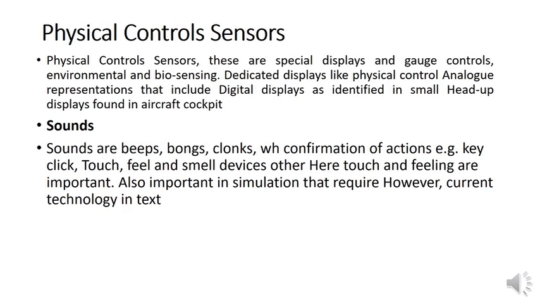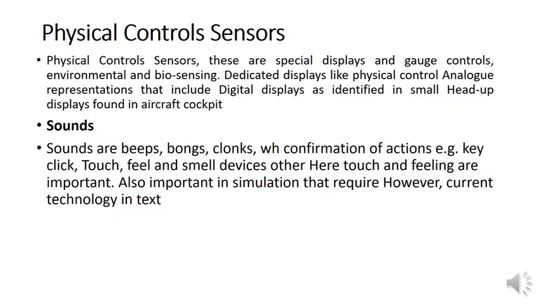Main textbook. Then we have physical control sensors. Physical control sensors are specialized displays and gauge control environment and biosensing. Dedicated displays like physical control analog representation include digital displays, as identified in the small head-up display found in an aircraft cockpit.